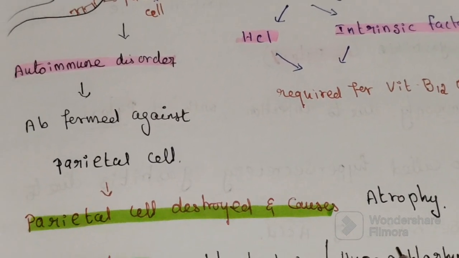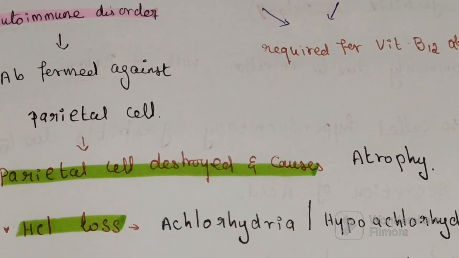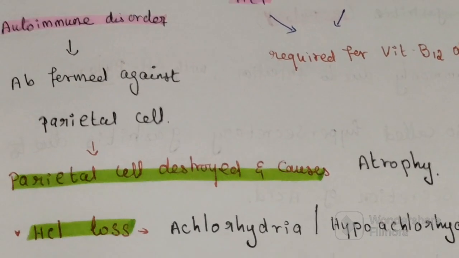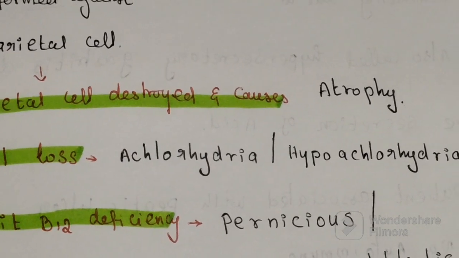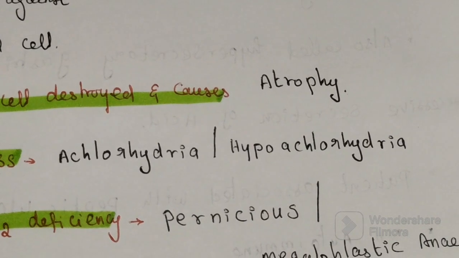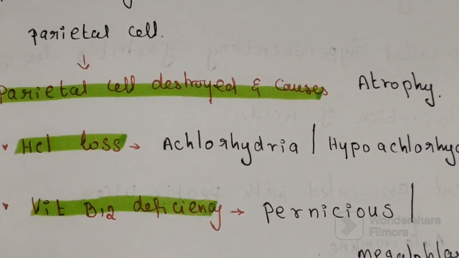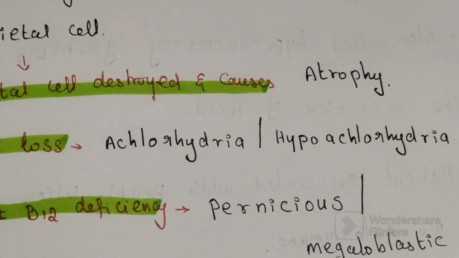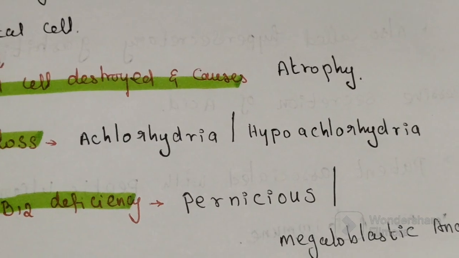So here less or no HCl secretion. It causes loss of HCl, achlorhydria or hypochlorhydria. Then vitamin B12 deficiency causes anemia, pernicious anemia or megaloblastic anemia.